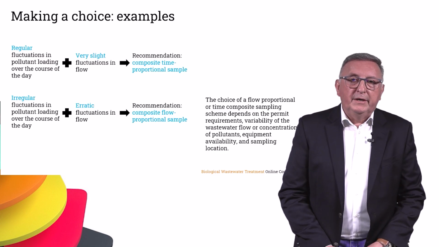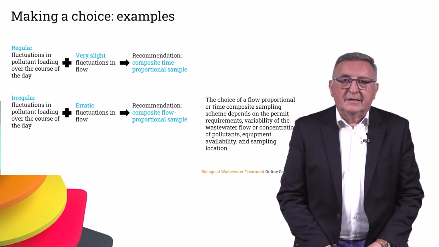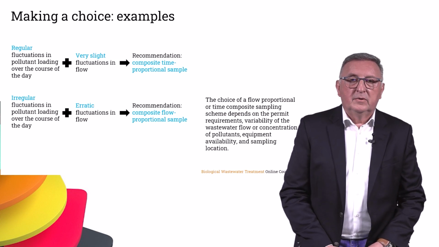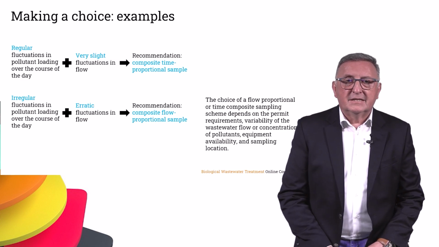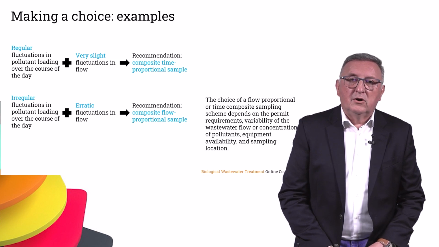So when do we use composite time samples or composite flow proportional samples? Now, if we have a regular fluctuation in pollutant loading over the course of the day and very slight fluctuations in flow, then we recommend the use of composite time proportional sample.